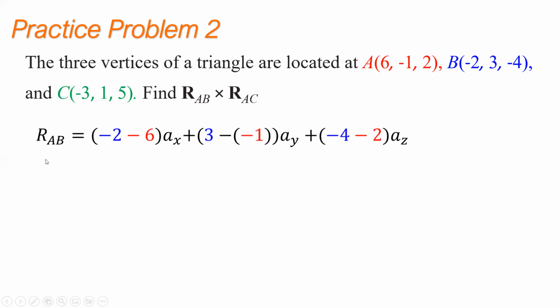So, para sa vector AB, of course, mauuna yung B minus dun sa components ng A. So, B minus, yung blue minus red. So, -2 minus 6, A sub X plus 3 minus -1, A sub Y plus -4 minus 2, A sub Z. So, simplifying the equation, we will get -8 A sub X plus 4 A sub Y minus 6 A sub Z.